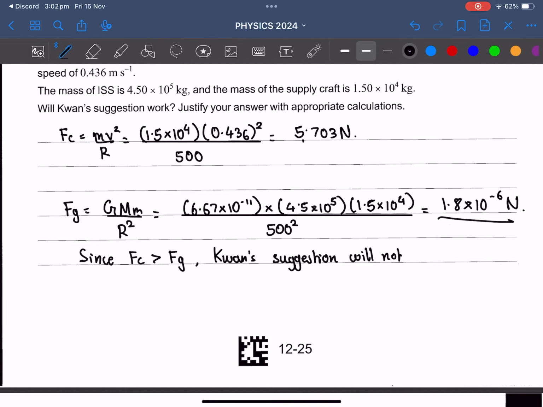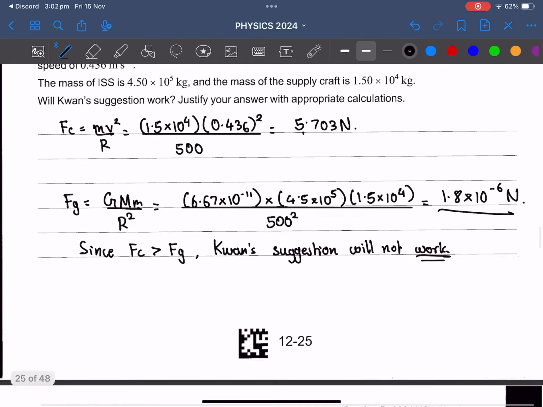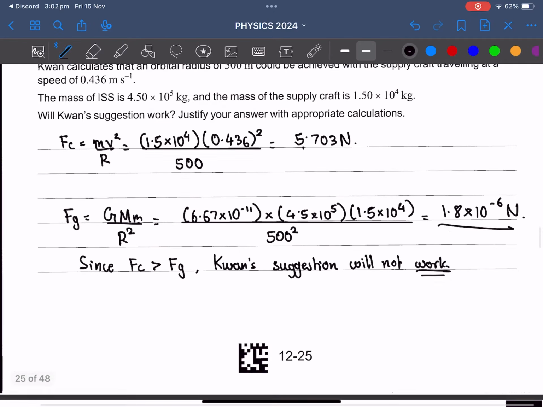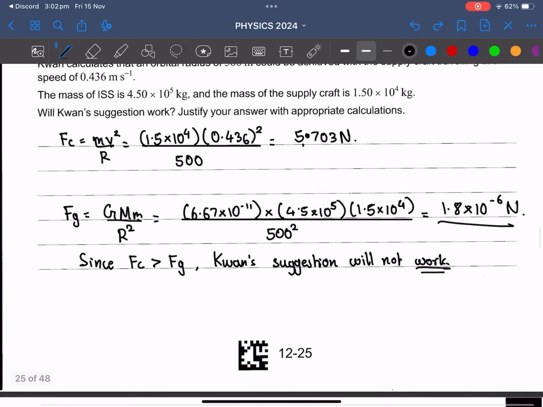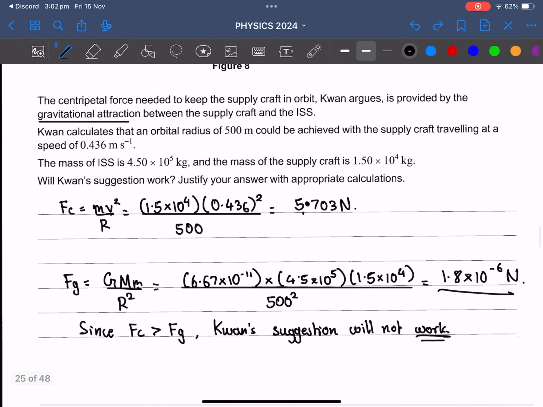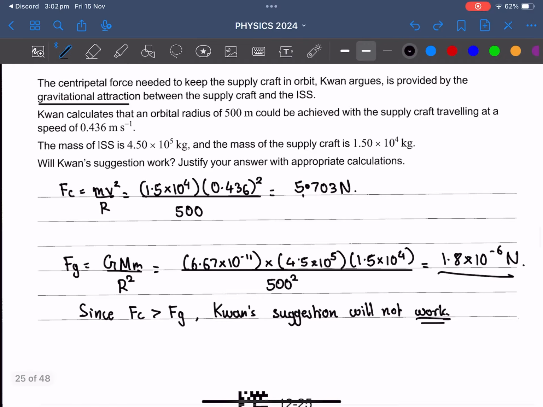This is the required centripetal force for it to work, but the gravitational attraction, which Kawan suggested is enough, is actually way less, so that wouldn't work out.